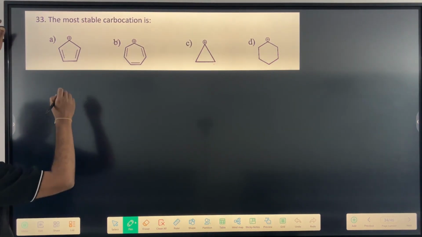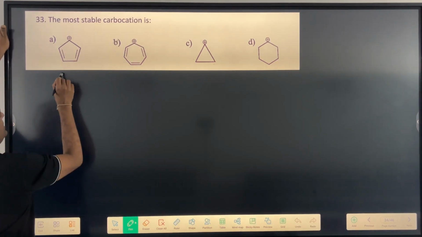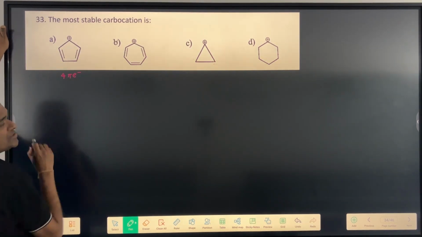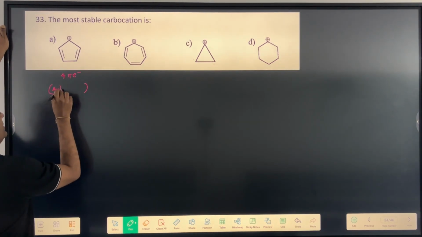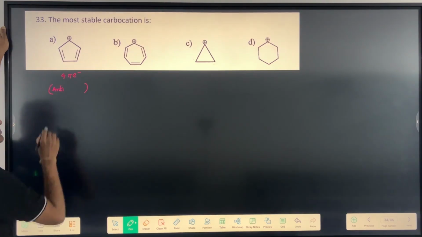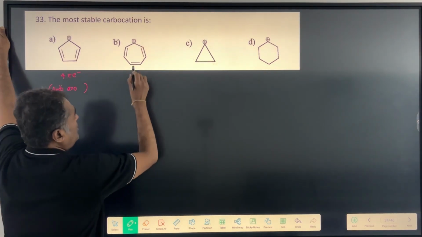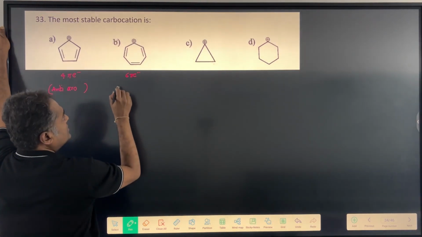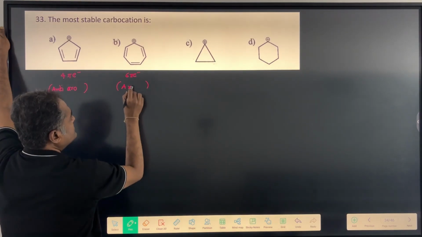Here this example is cyclic but contains a 4 pi electron system, so this compound is anti-aromatic. Whereas this compound contains 6 pi electrons, complete conjugation, cyclic, planar, everything, so this becomes aromatic.